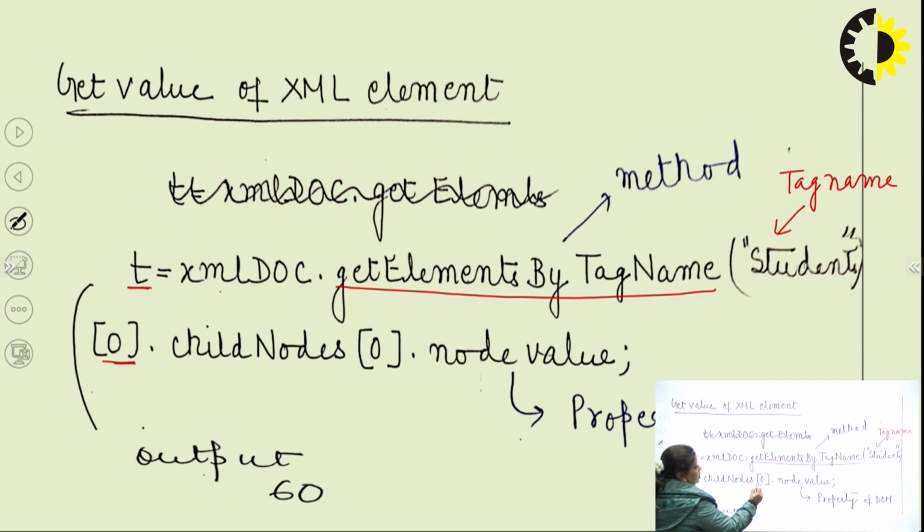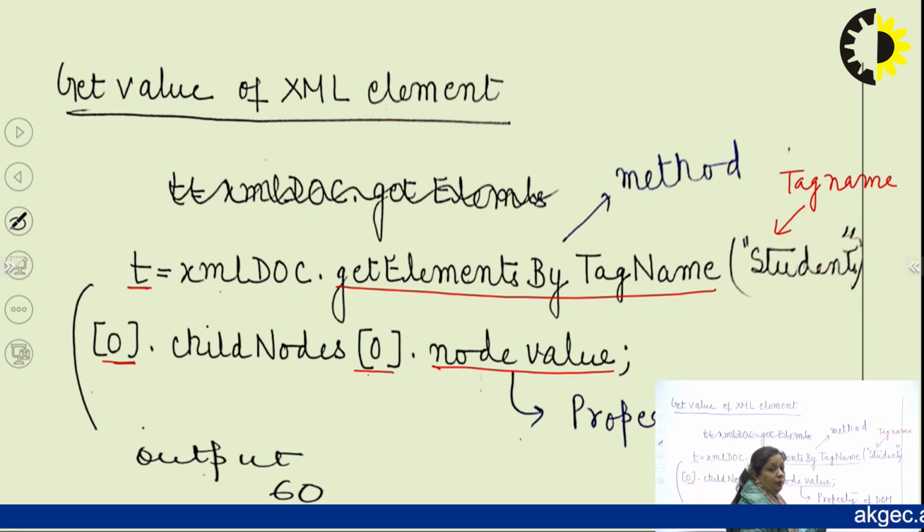So childNodes[0].nodeValue. Now here I am trying to access the child nodes at level 0 with the tag name students, and this nodeValue is actually a property of the XML DOM. We have various methods as well as various properties of the XML DOM. So this is a method, getElementsByTagName, and this is a property of an XML DOM parser. Now just going into the details, we will see.